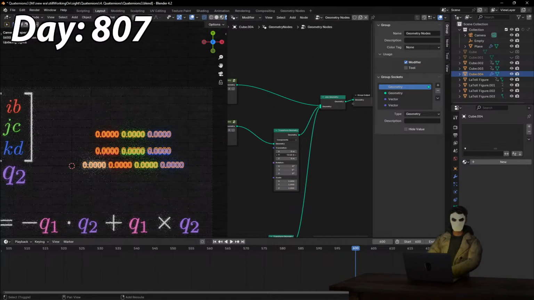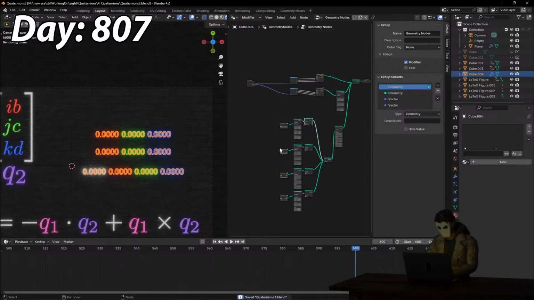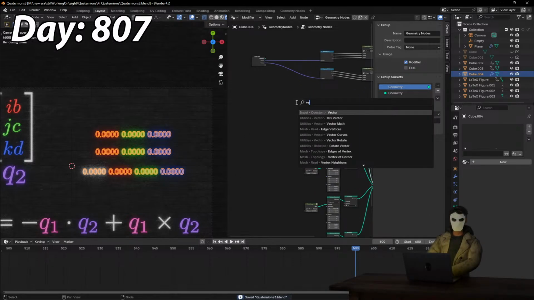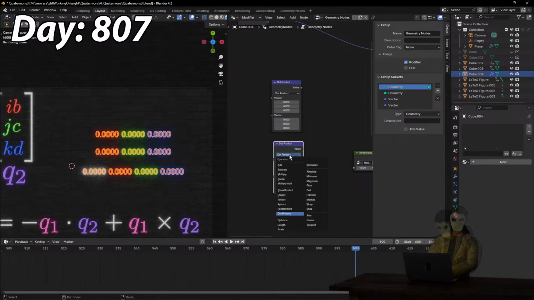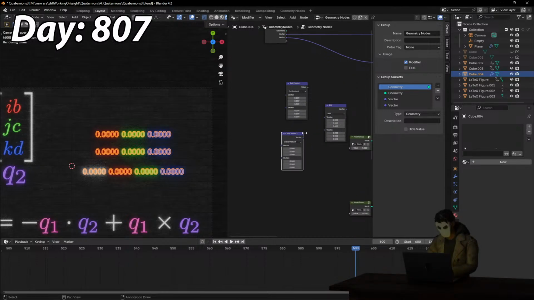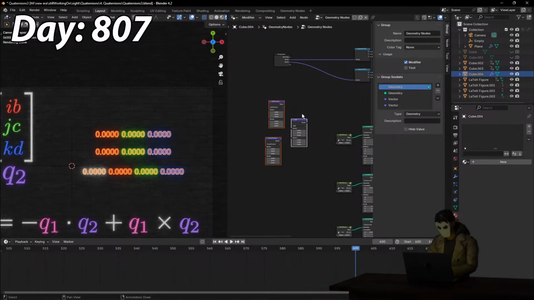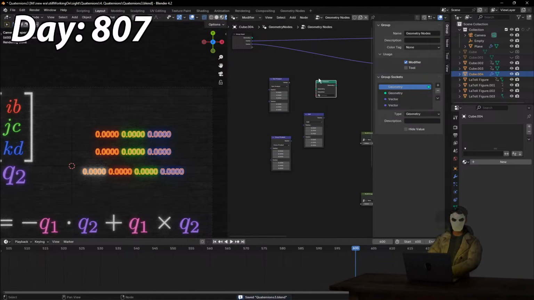And now what we're going to do is move this a bit lower, and then do the thing, which means vector math dot product and vector math cross product, and then add, and then math, not material, only math, multiplied by -1.